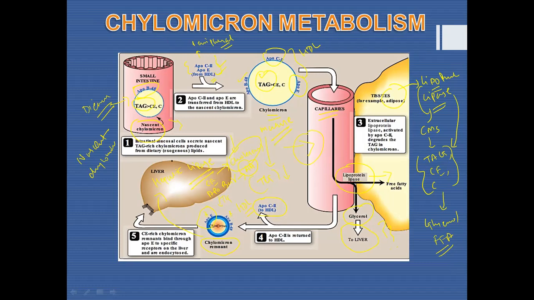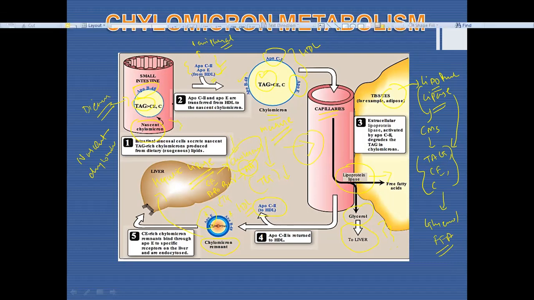Okay, so this is the role of chylomicron, that it has delivered all the dietary lipids such as the triacylglycerol, cholesterol esters, and cholesterol to the peripheral tissues and finally to the liver. Okay, fine. So this is the main function of chylomicron that you have to remember.